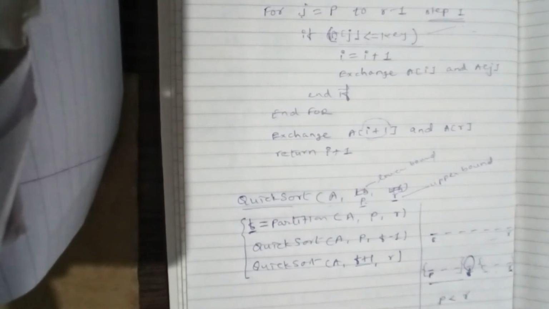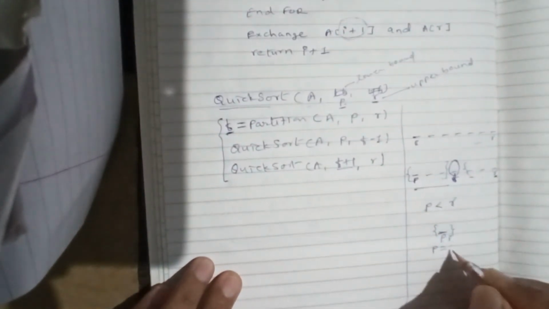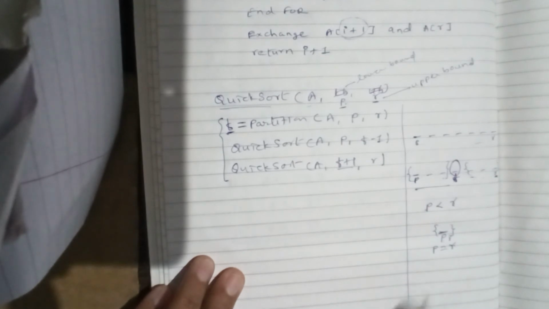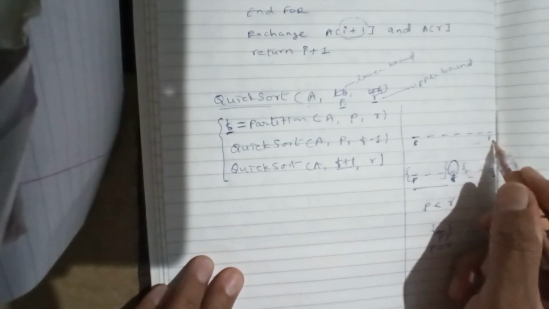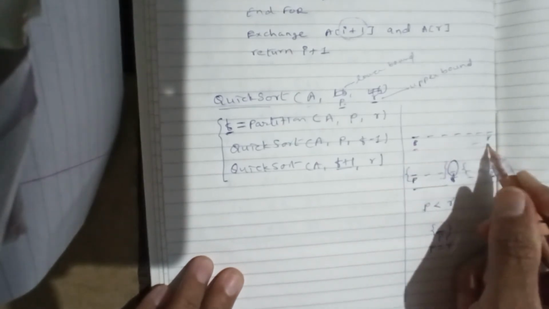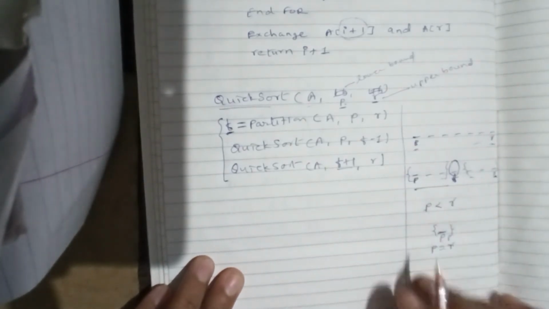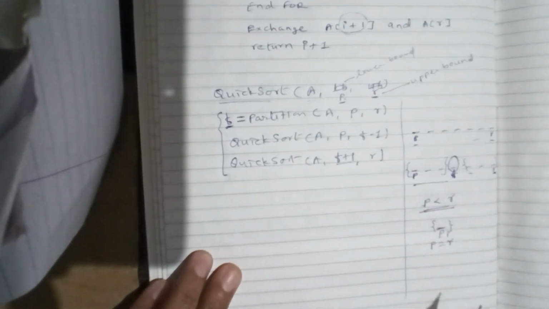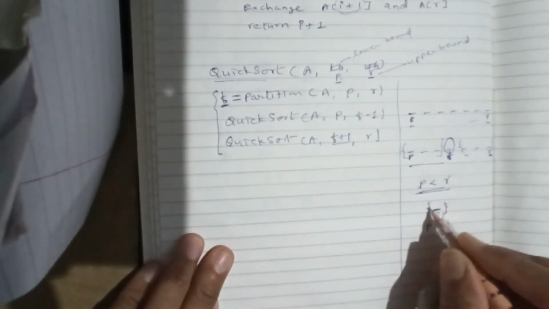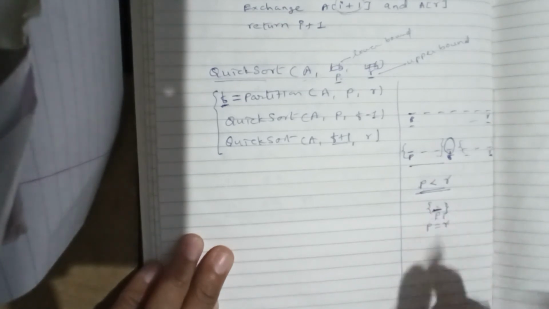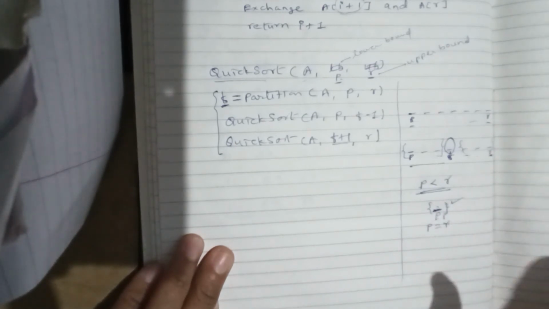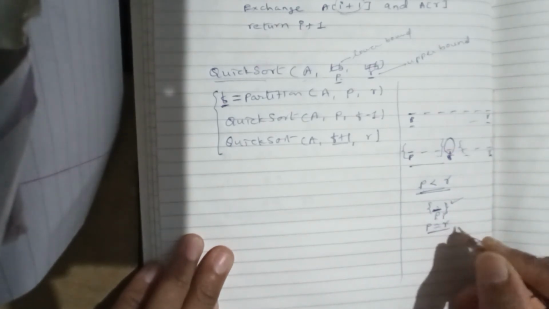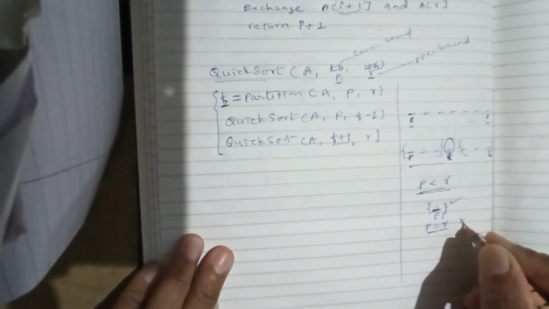That means P equals R. In that case, as we know that when we have a single element, it is already sorted. So for P equal to R, there is no need to sort this partition.